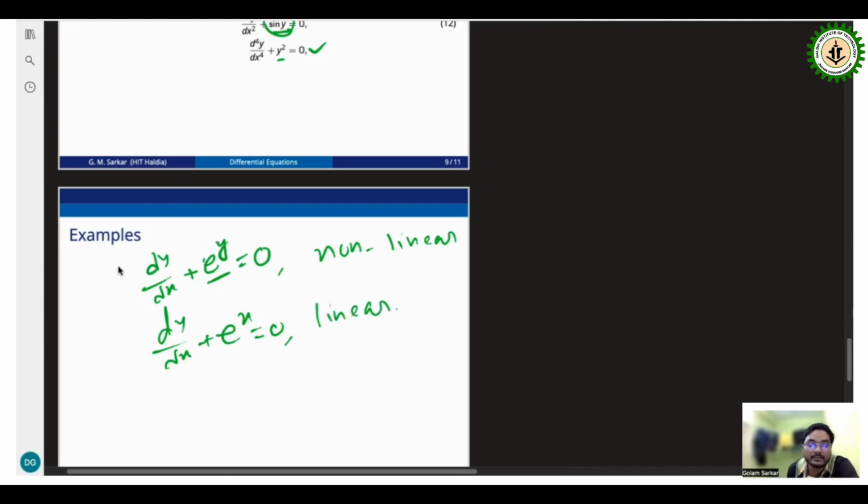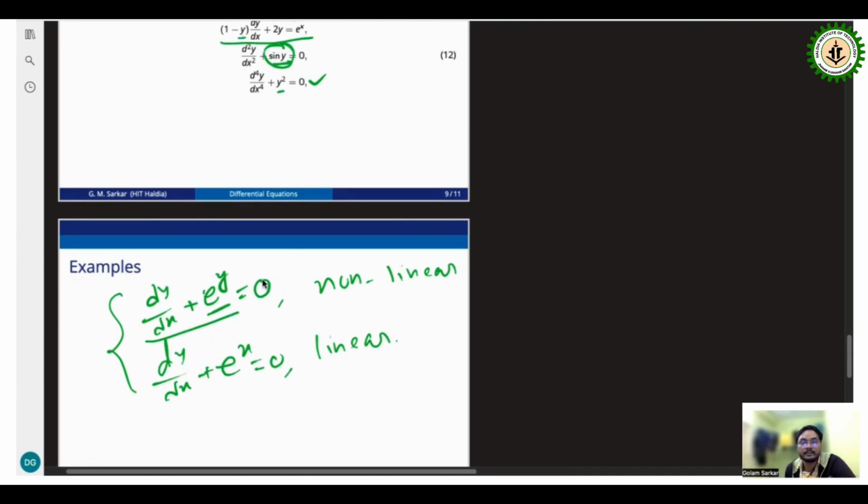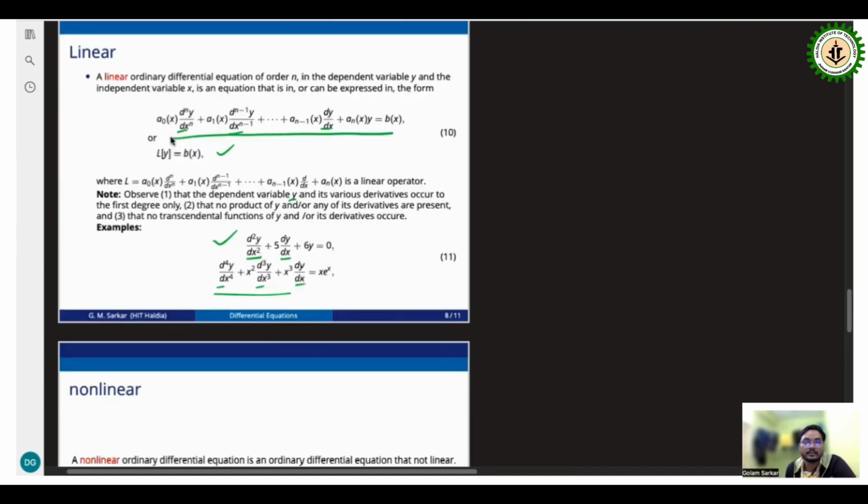So what is the difference between these two equations? In other words, can you express this differential equation in the standard definition, that is, in this form? You see, you cannot write this differential equation dy/dx plus e to the power y equals 0 in the standard form of the linear ordinary differential equation.